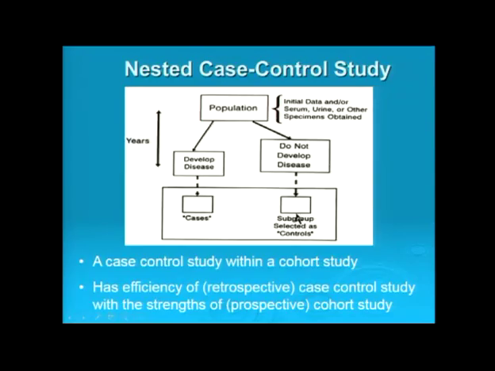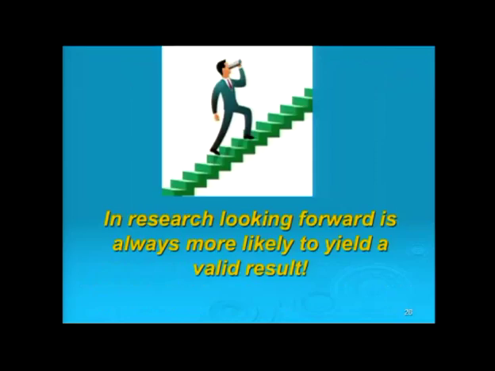So I could do a very clever case control study looking at the association between my biomarker and risk of breast cancer, but it has the strength of a prospective study because I know the blood was collected before the patients developed breast cancer. So it's an efficient way to make use of a cohort study and do a quick and high-quality case control study. I'm going to stop there.